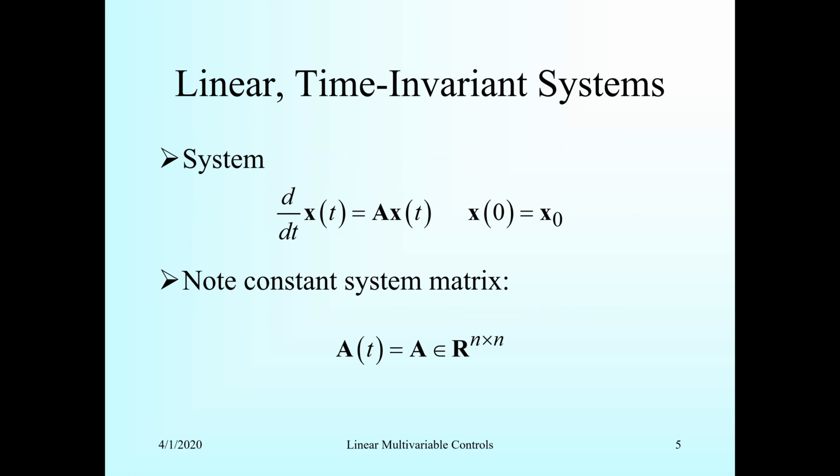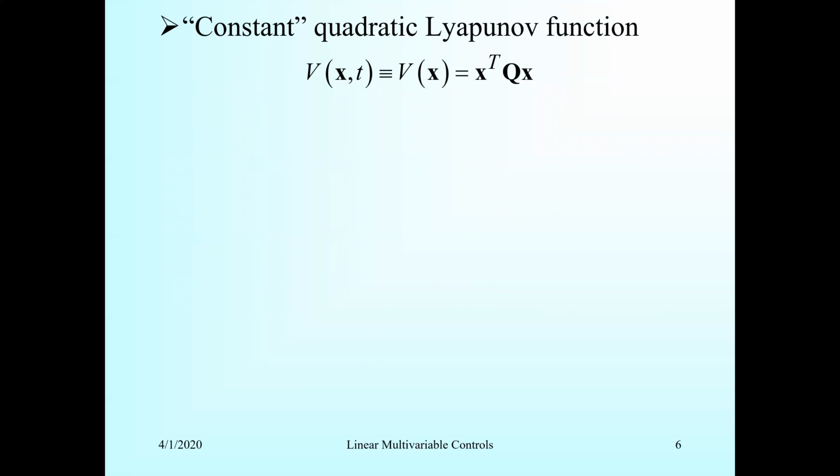For LTI, it's very simple. A is a constant. So Q is not time varying, and we have a constant quadratic. Whenever you write the t in here, that means you have explicit t in the system, but we don't. Of course, x is still a function of t, but we don't call this explicitly with t.